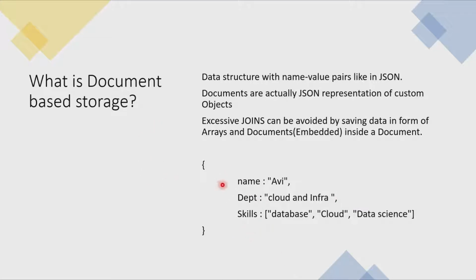So this is not just a document, this is a JSON document. And when you insert your data in NoSQL database like MongoDB, you put it in this format. It is easily readable, and you can easily put the data in this format.